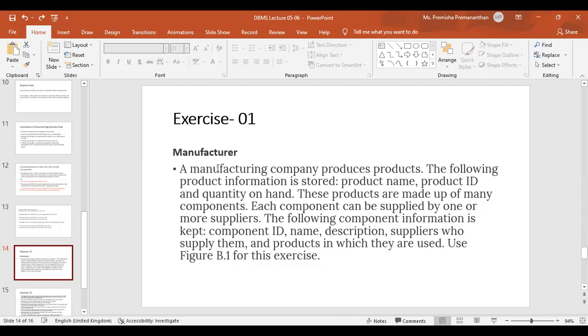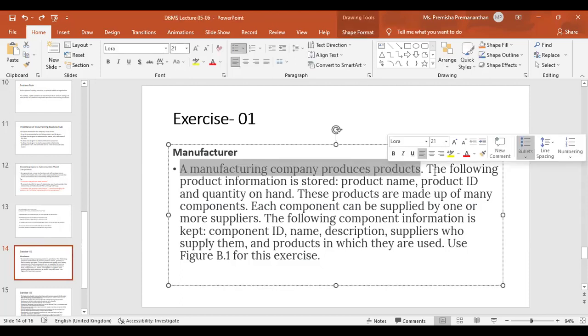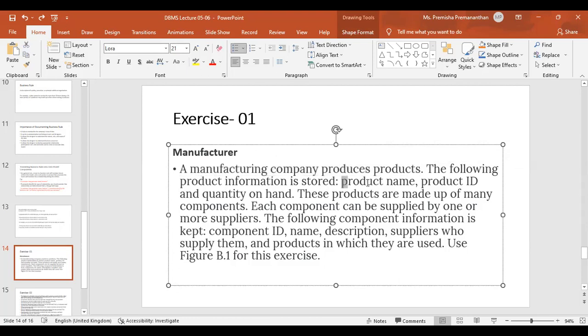Okay, so here, a manufacturing company produces products. So here one sentence divided. The following product information is stored. These are the information stored, right? So a product has some product name, product ID, quantity on hand.